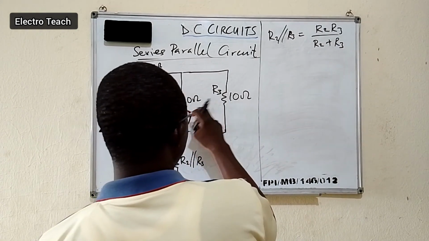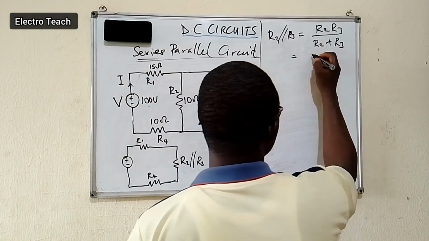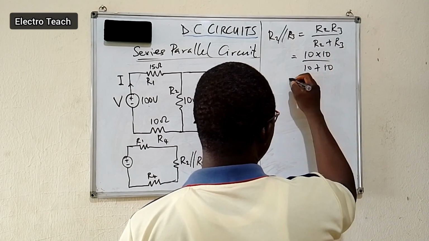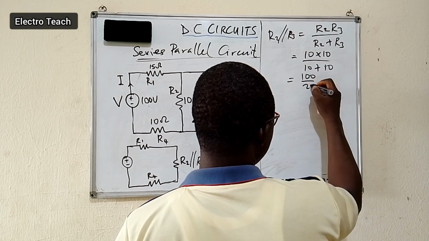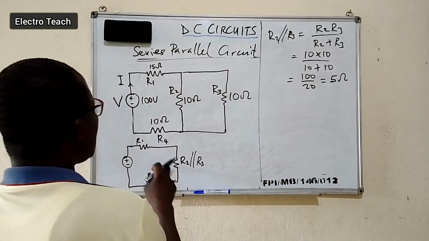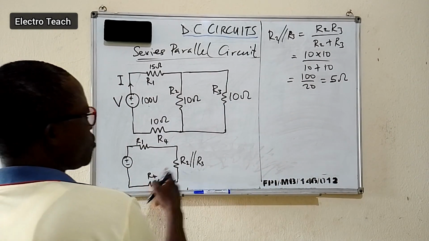And we have 10 ohms and 10 ohms. 10 times 10 divided by 10 plus 10, and that is 100 over 20. That is 5 ohms. So 5 ohms can now be in series with resistors R1 and R4.